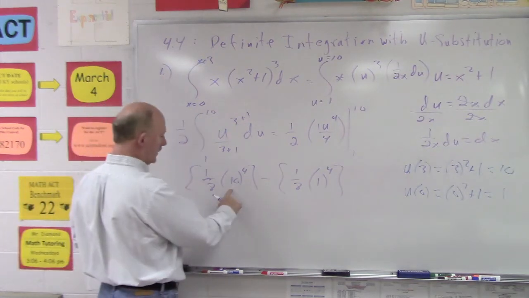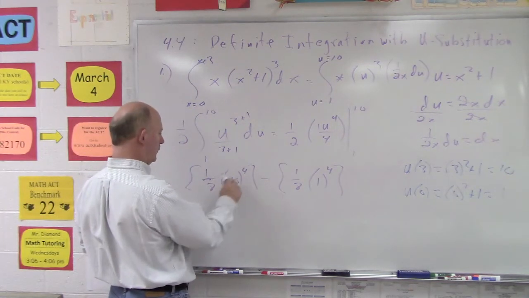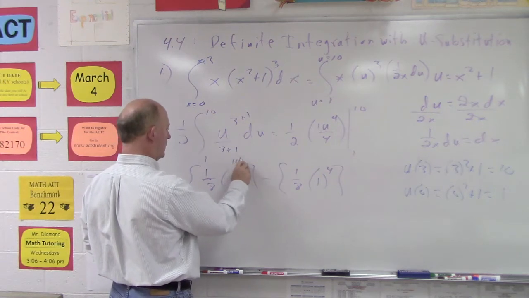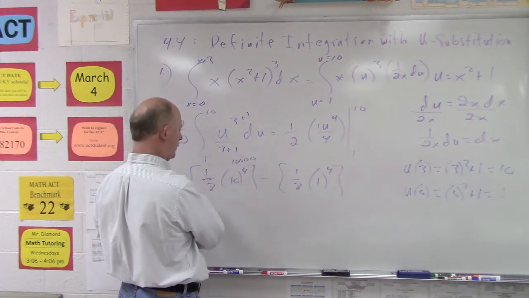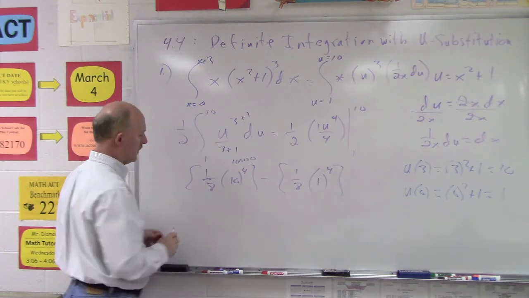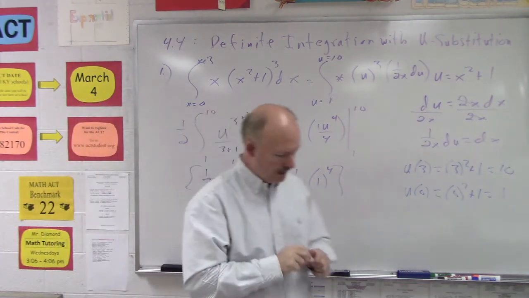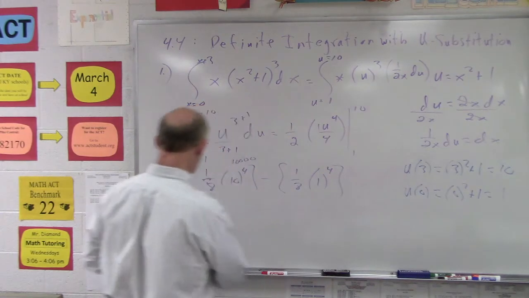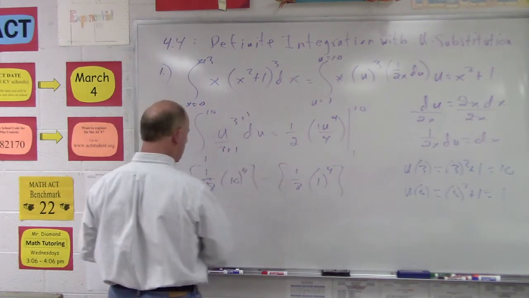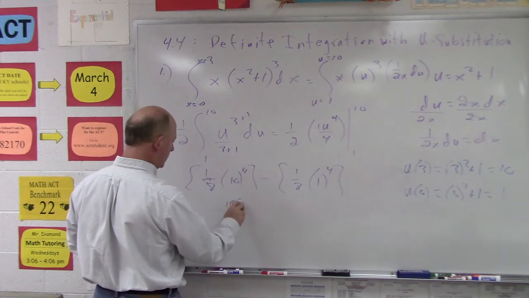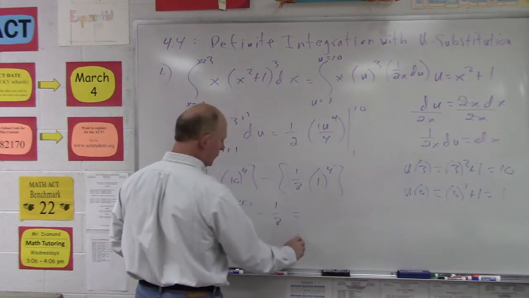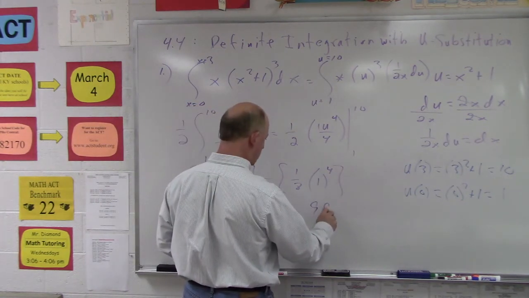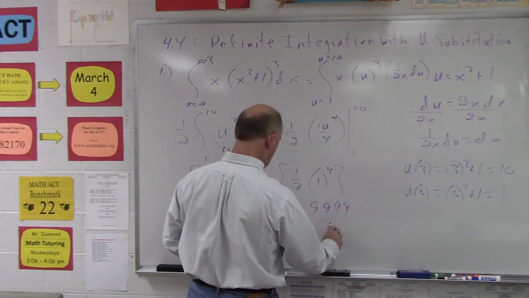Let's see, 10 to the 4th power is 10,000. So it'll be 10,000 over 8. Well, I don't need to reduce it right now, so we'll leave it like it is. This will be 10,000 over 8 minus 1 over 8, which would be 9,999 over 8.